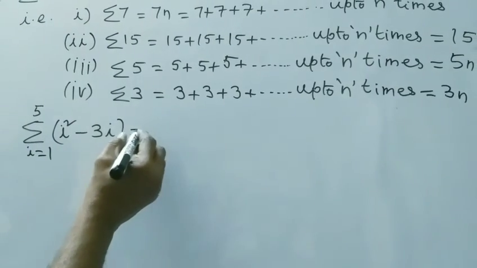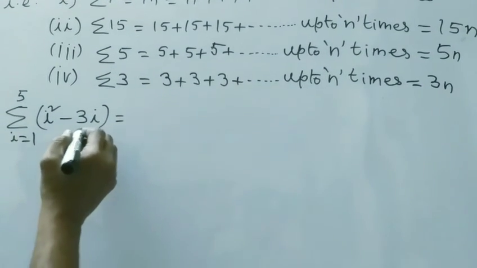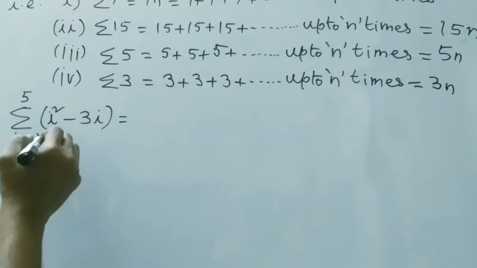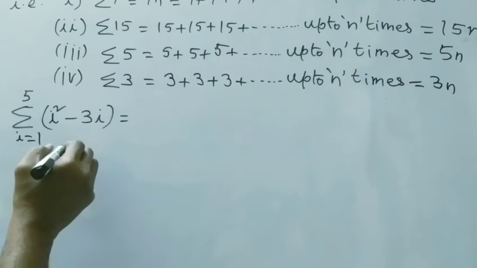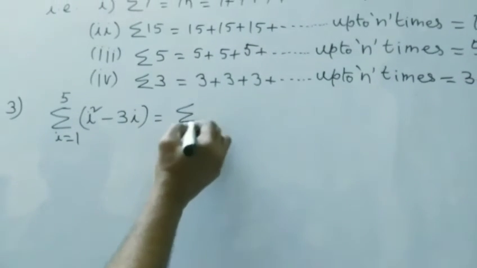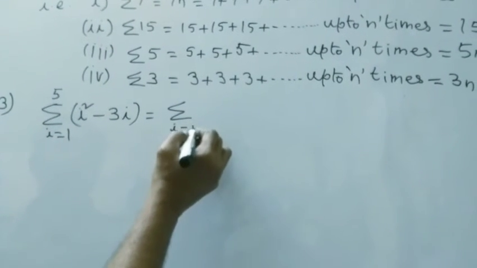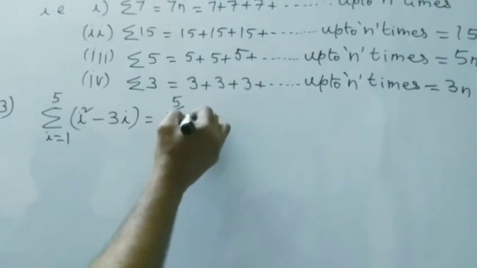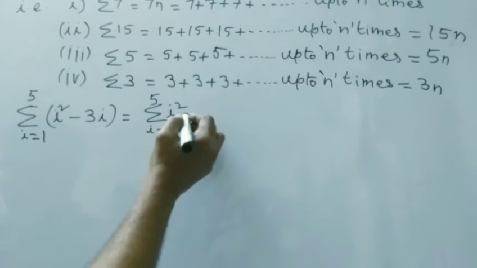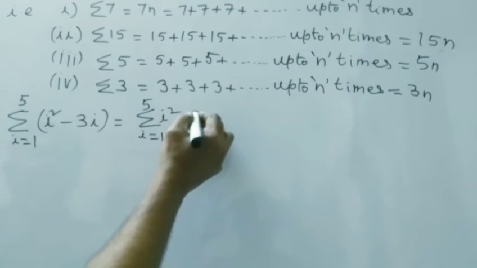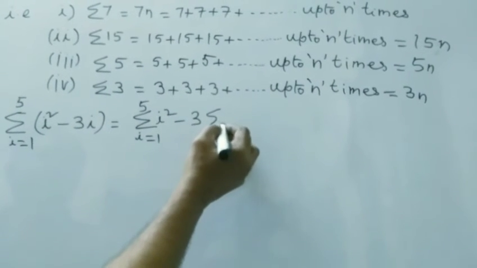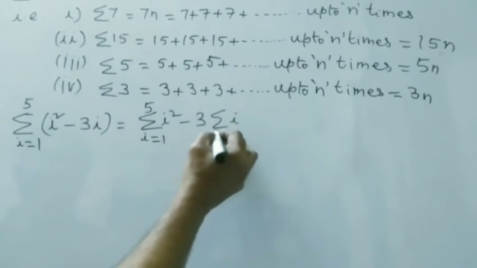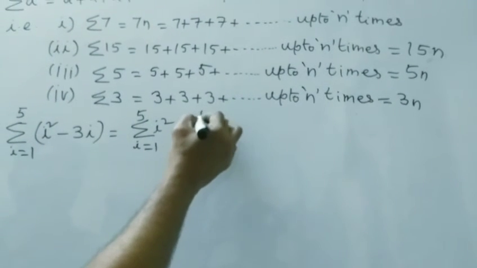It is split into two terms, that is sigma i is equal to 1 to 5 of i square, minus 3 into sigma i is equal to 1 to 5 of i.